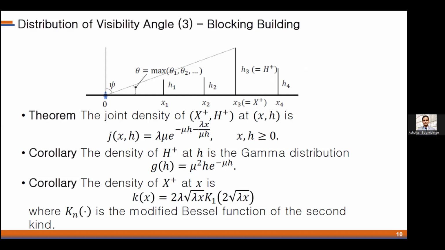By marginalizing, we can obtain the density of H and the density of X also. We will use this distribution in the next section, which considers the distribution of the visibility angle using the RIS.